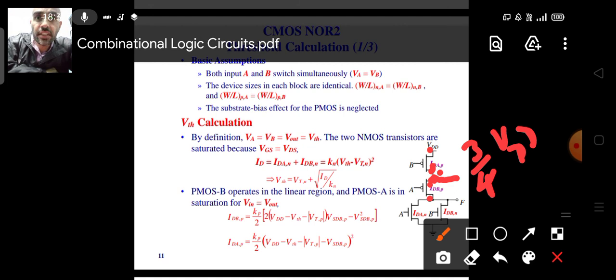Whereas if you consider the drain to source, then drain is again the output of the lower transistor, so that is also connected to VDD by 2, because we want to analyze this transistor operating at the threshold voltage. The circuit is operating at the threshold voltage, so the input and output are equal. So this F is also equal to VTH.